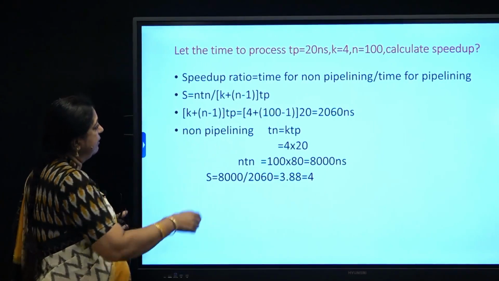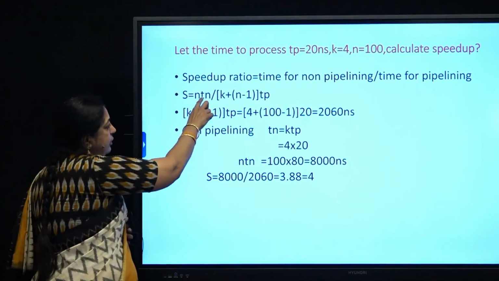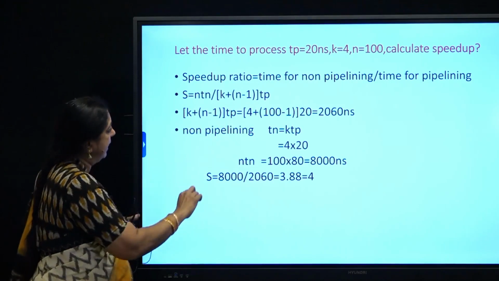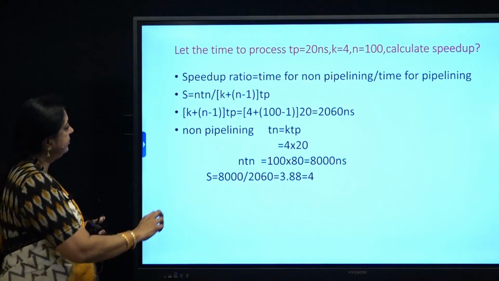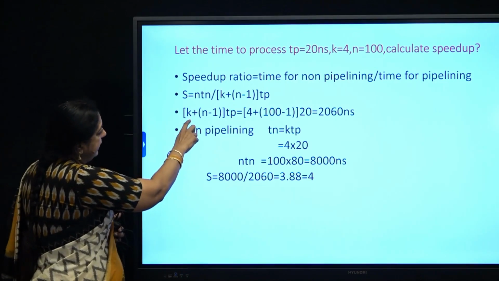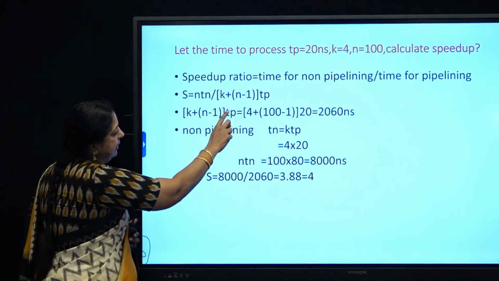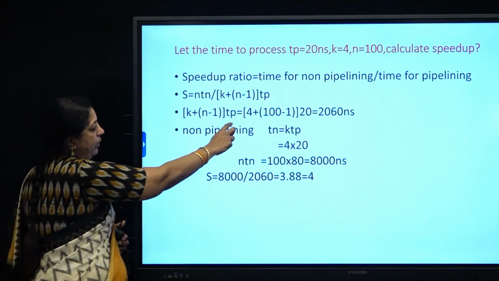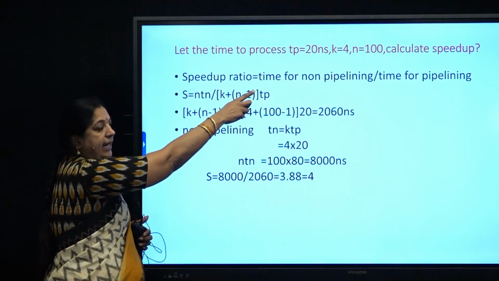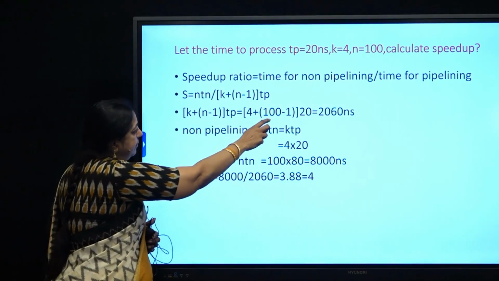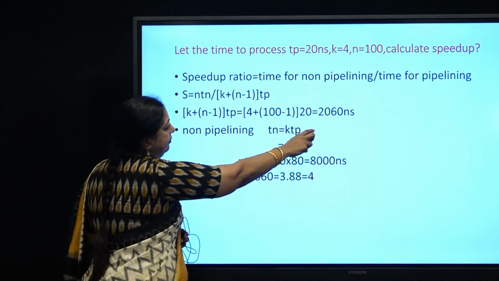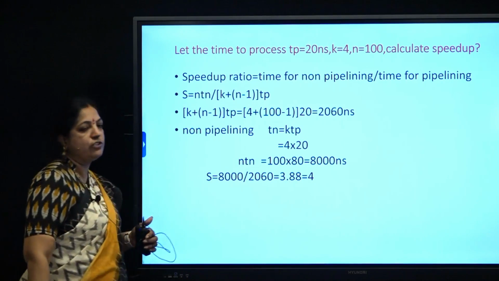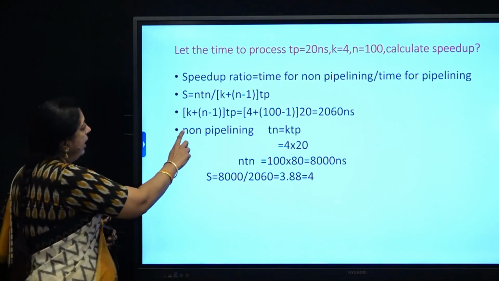The time for non-pipelining is N into Tn. The time for pipelining is K plus N minus 1 into Tp. Here K is 4, plus N is 100, minus 1, into 20, since Tp is 20. So it is a total of 2060 nanoseconds.